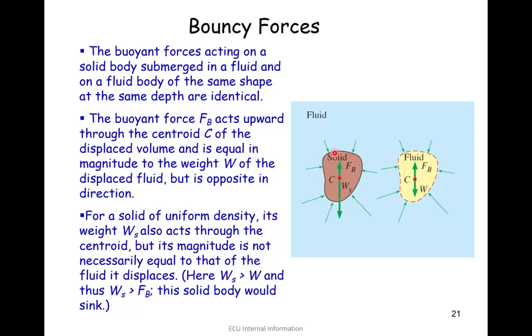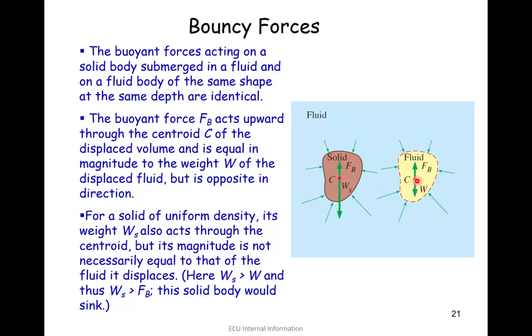So look at the displaced volume. The centroid of that is here, so the line of action of the buoyancy force would be through that point. And for a solid of uniform density, its weight also acts through the centroid. So if the object is made from one material, then the center of weight and the center of buoyancy force are the same.